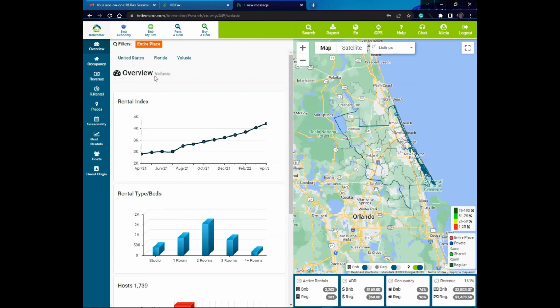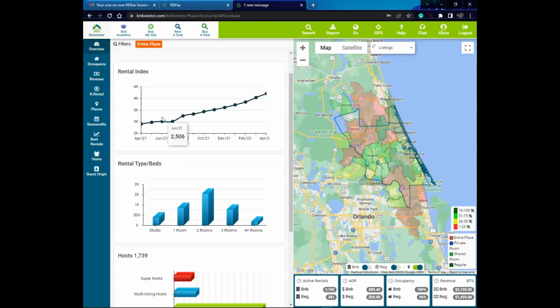Okay, so here we have, again, the different areas identified with the colors of the amount of properties that are being rented per day against the properties that are rented on regular rental lease. But let's look at the graphs on this side. Rental index. What this shows me is that from April 21 to April 22, that is in this past year, the rentals for BnB has steadily increased.